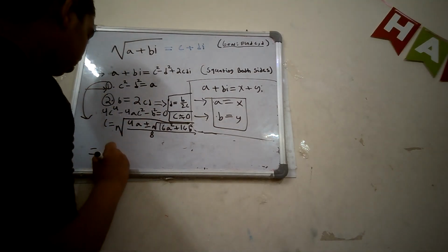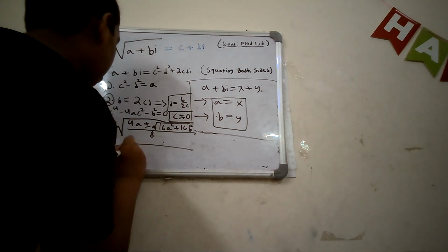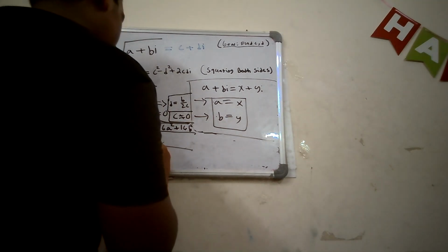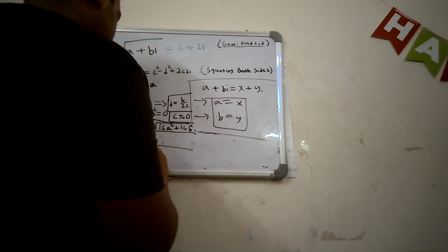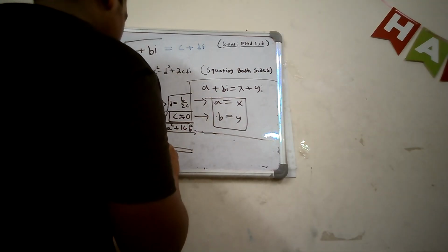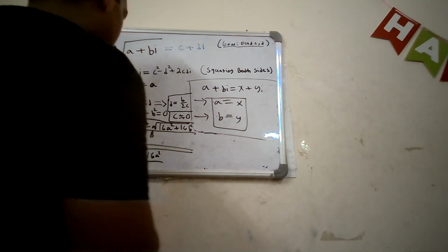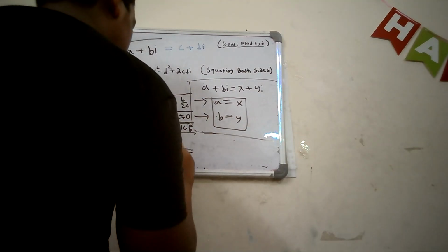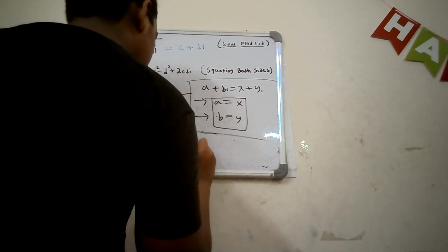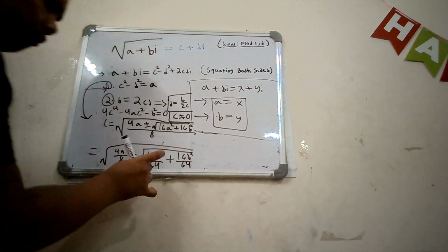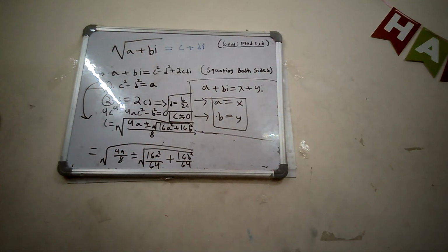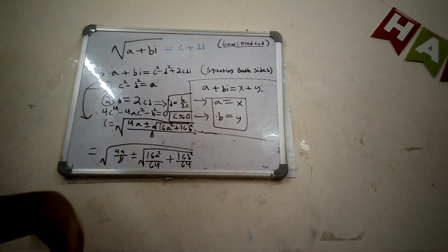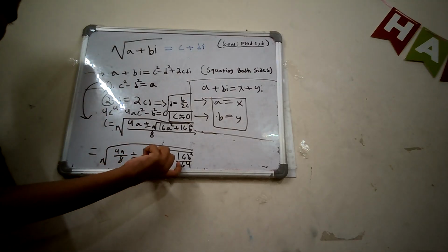We can write this as the square root of 4a upon 8, I'm just breaking down the denominator, plus or minus the square root of 16a squared upon 64 plus 16b squared upon 64. Now why did I put 64? Because the square root of 64 is 8. So now I'm just gonna write 8 squared as 64 so I can simplify what's inside here.